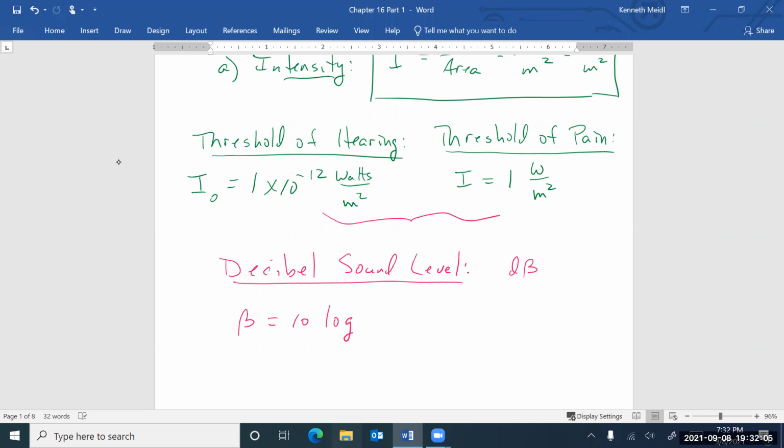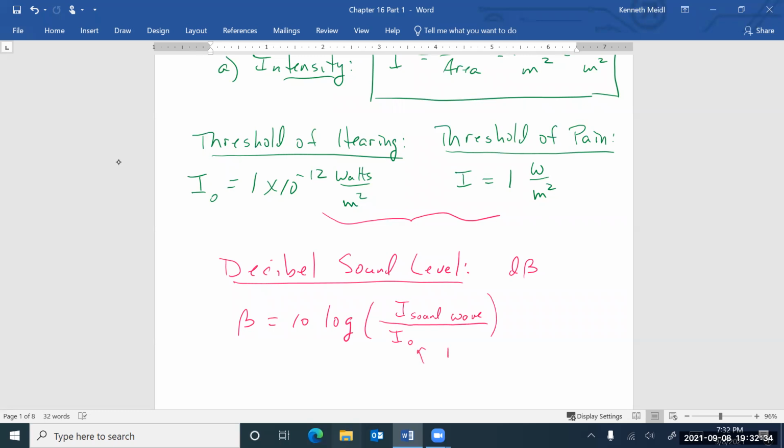And so this is really log base 10. And what you do is you've got this fraction in here, and you compare everything to what it is that we can barely hear. So here's the intensity of the sound wave that you're perceiving, and on the bottom what you always do is put the threshold of hearing.